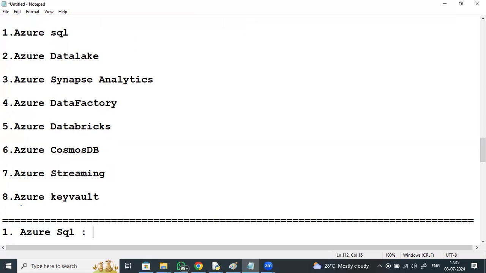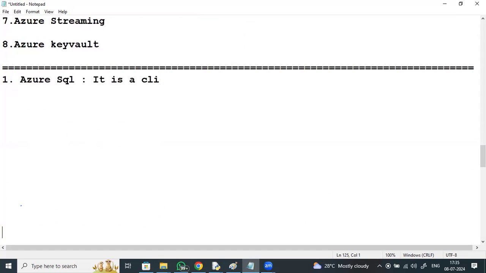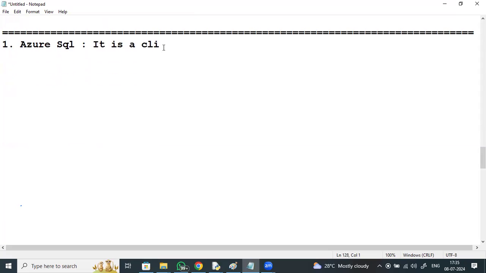Azure SQL. I'll give an overview of these services. Cloud RDBMS. Azure SQL is a cloud RDBMS database of Microsoft in Azure.